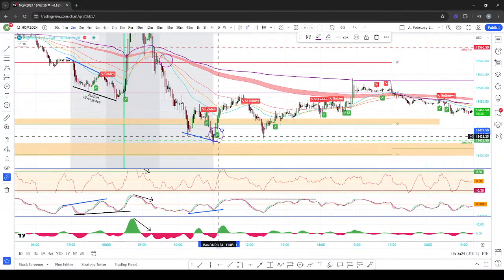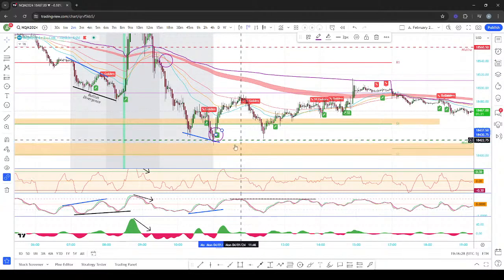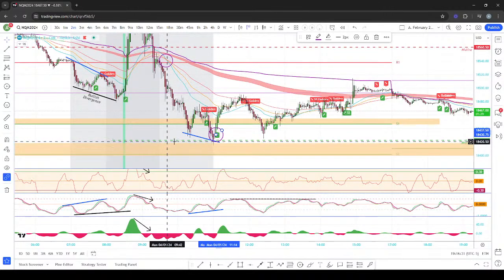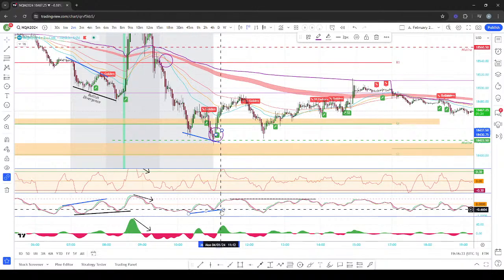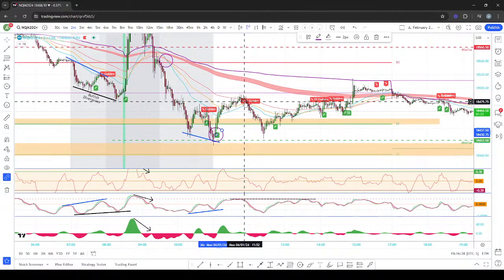So when this happens, I look to see where I am on the chart. I check out my zones, I see my midlines, and I see that there's a divergence, and I will enter a trade based off of that.